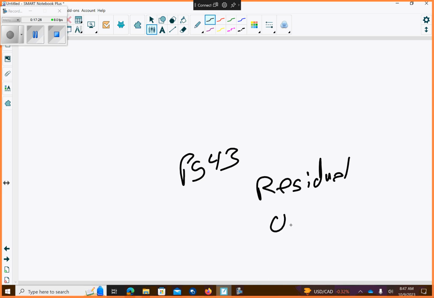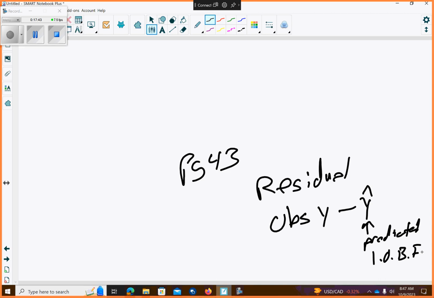So this is the observed y. Subtract the predicted y. The predicted is the line of best fit. That's all it is.